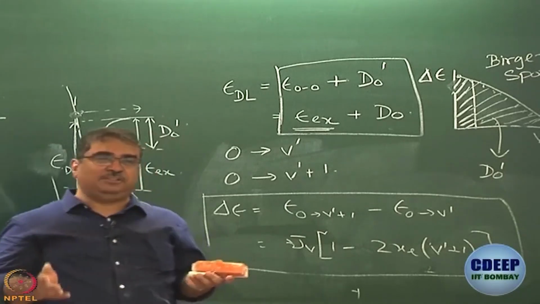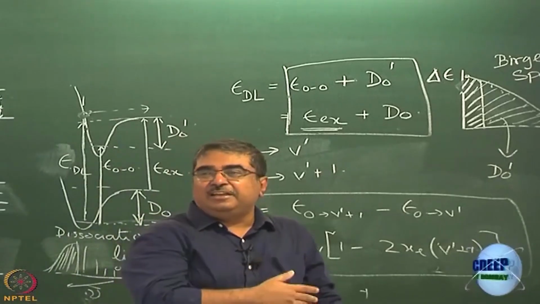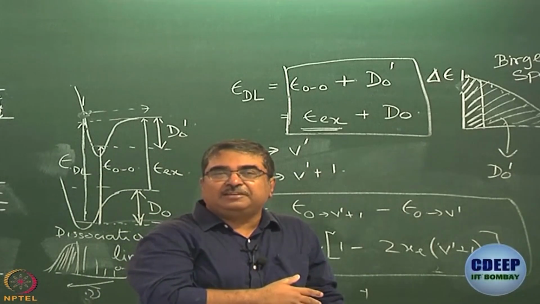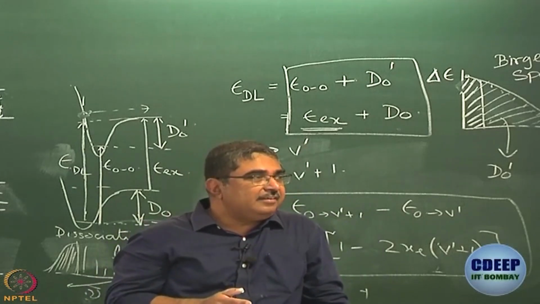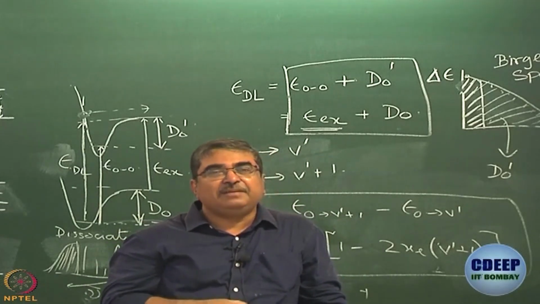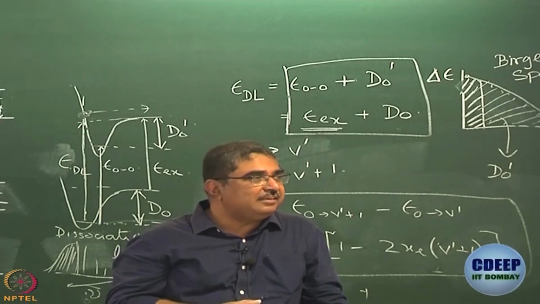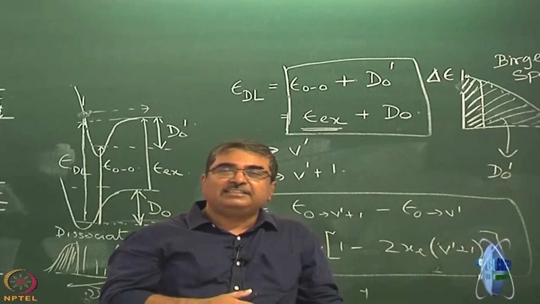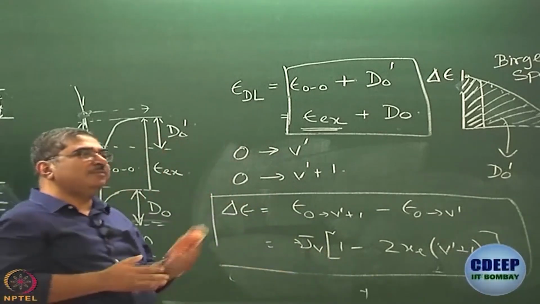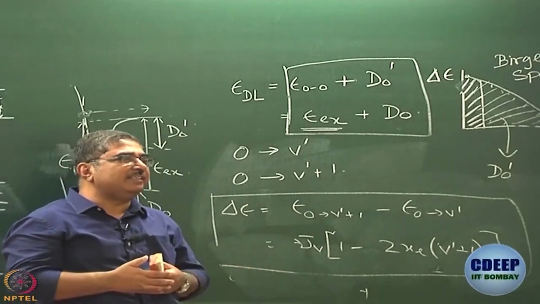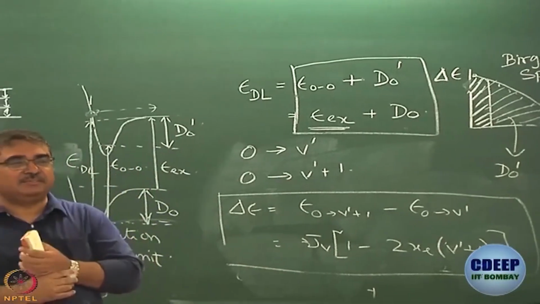Actually, there are pros and cons. There are factors that tell you that finding D0 using electronic spectrum is better, but there are factors that make determination of D0 from the vibrational spectrum better as well. Okay. What are the factors that favor determination of D0 from electronic spectrum? What are the factors that favor its determination from vibrational spectrum?